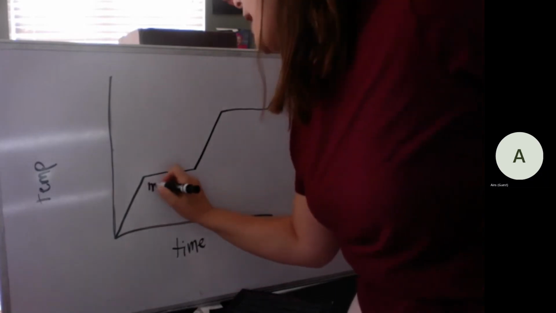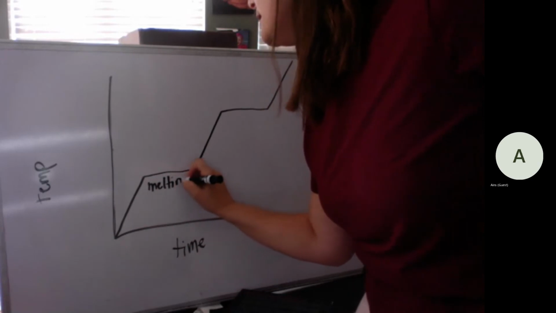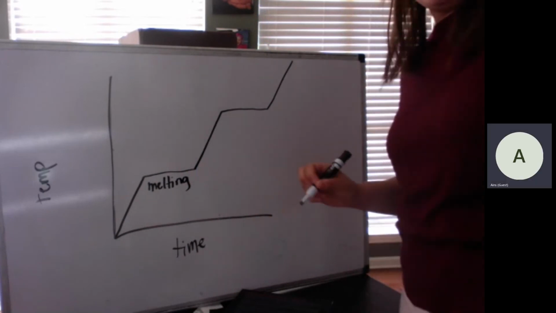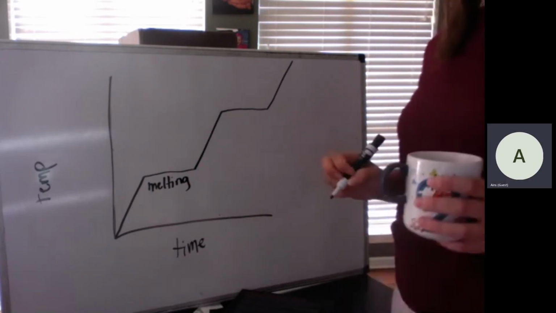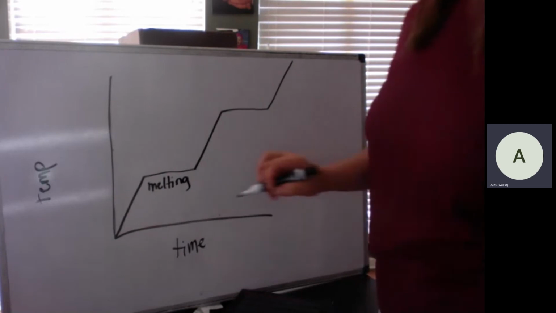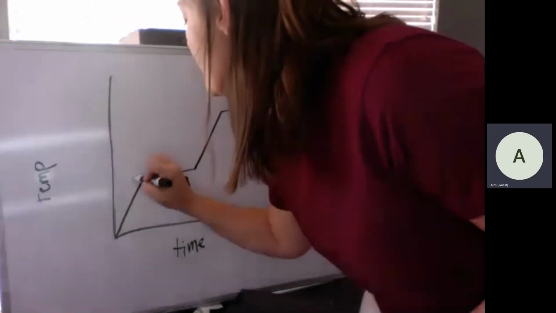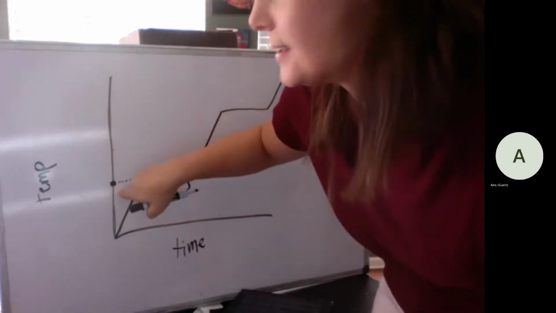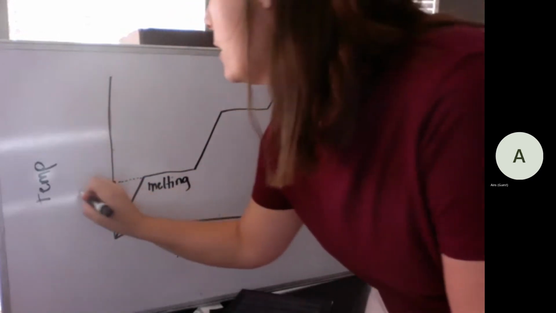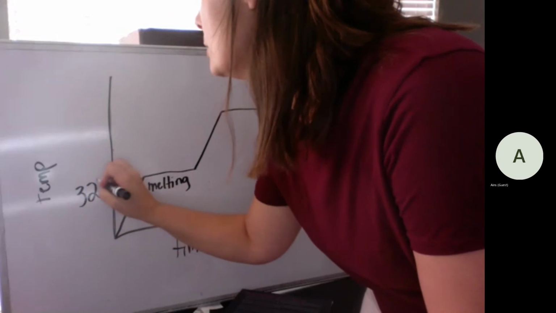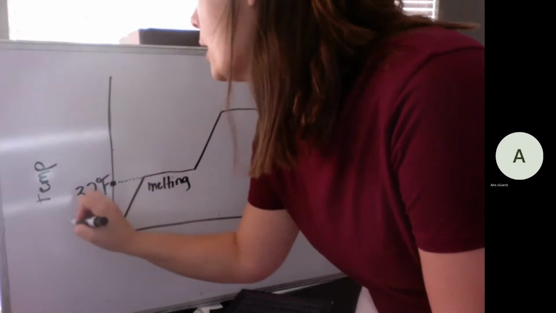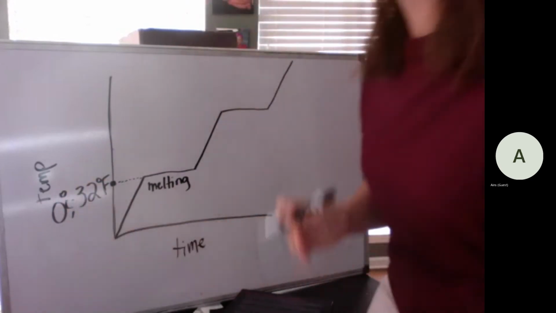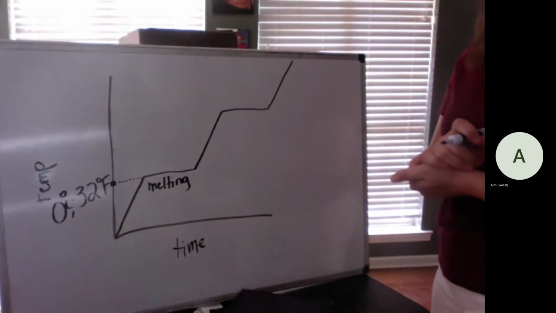At what temperature does our ice melt? When it gets past the freezing point, so 33 degrees Fahrenheit or 1 degree Celsius. So this point on my graph would be 32 degrees Fahrenheit or 0 degrees Celsius, because that is the melting point and freezing point of water.